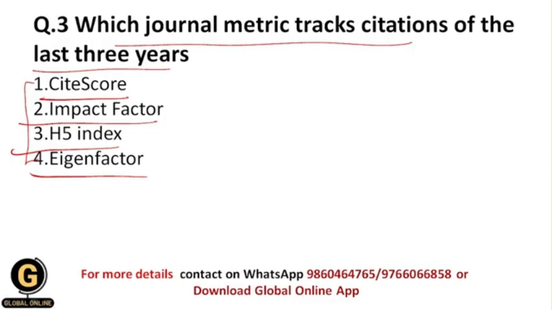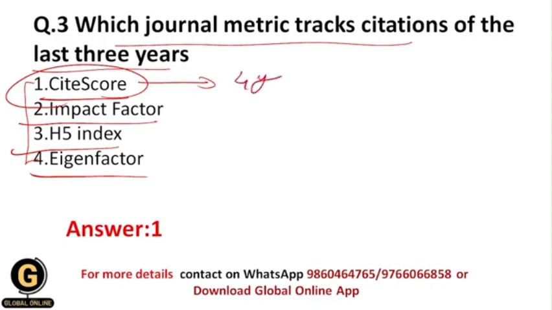Students, we have seen the definitions of CiteScore, impact factor, H5 index and eigenfactor in the earlier part of this video, and that's why your correct answer should be 1, CiteScore, because according to its definition, CiteScore tracks the citations of the last 3 years including the current year. So from the current year it tracks citations of basically 4 years, the last 3 years plus 1 current year.